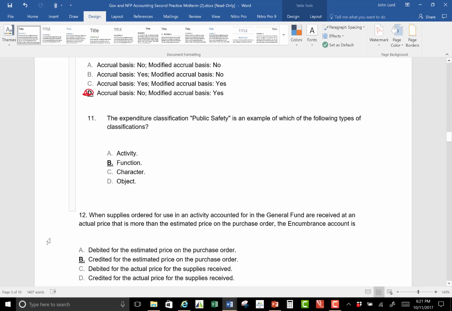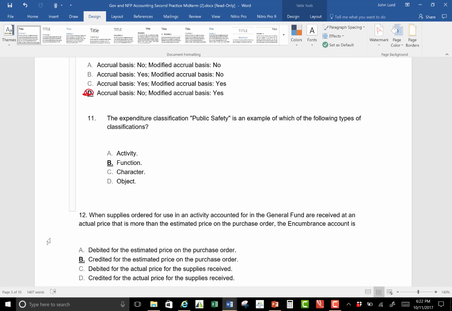Okay, expenditures classification. Public safety is an example of, and public safety is a program or function of the government. Does the government keep you safe? They try. There's some people probably being paid for by the government right now trying to keep people safe, trying to put out these fires, right?